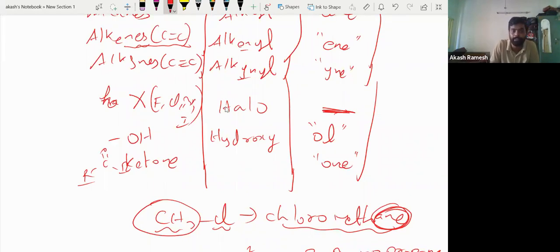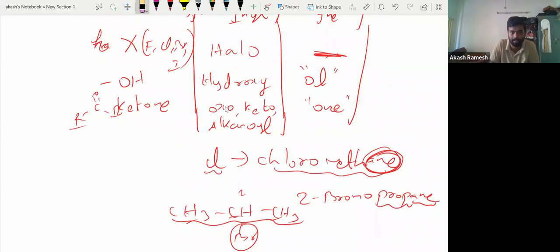And if you find that there is another functional group which is having more priority than ketone, then you will use oxo, or you can use keto, or you can use alkanoyl. Don't worry about this. When you go to examples, you'll understand where to use what. Okay, so let me clear this part now so that we'll try to finish this.